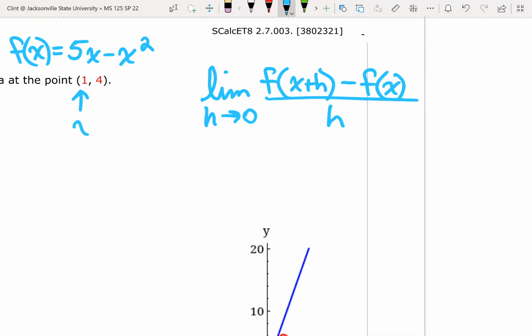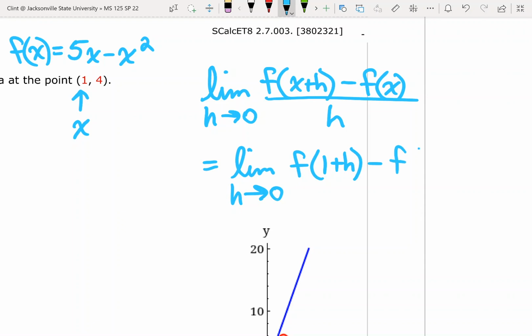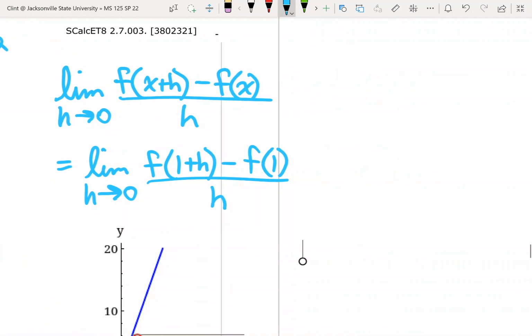Our x coordinate is 1, so what we want is this limit of f of 1 plus h minus f of 1 over h. So I'm going to move it over here one more time.